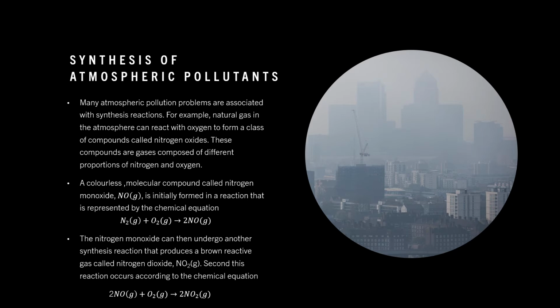These compounds are gases composed of different proportions of nitrogen and oxygen. A colorless molecular compound called nitrogen monoxide, NO, is initially formed in a reaction that is represented by the chemical equation N2 plus O2 produces 2NO.